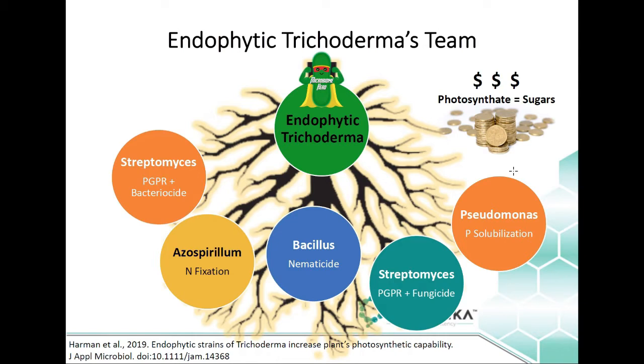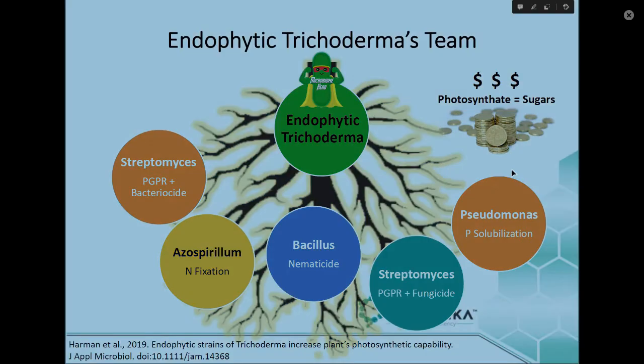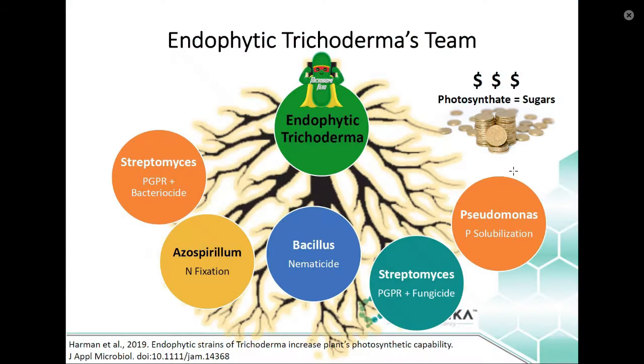Then there's a group of Bacillus that we could see from the genes are potentially involved in keeping out nematodes from the rhizosphere. And then another group of Streptomyces also involved in plant growth promotion, but also keeping out fungal pathogens. And then the final group that we've been able to identify are the Pseudomonas group, involved in phosphate solubilization.